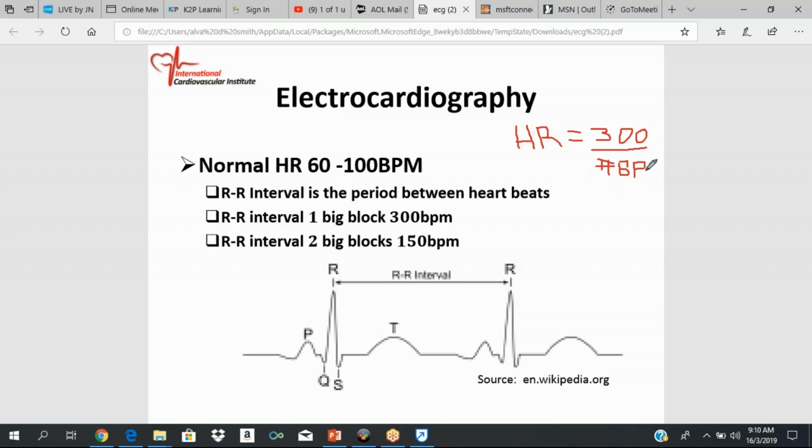So once you can find the number of big blocks between the RR, you just divide 300 by that and you get the heart rate. So if it's two big blocks, the heart rate is 300 divided by 2, which is 150. I think that's relatively simple. So you should be able to determine the heart rate on all the rhythm strips or ECGs that you come across.